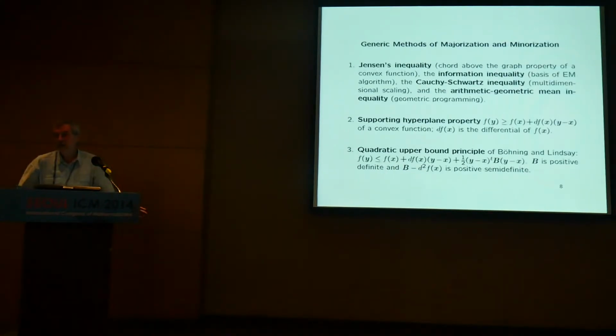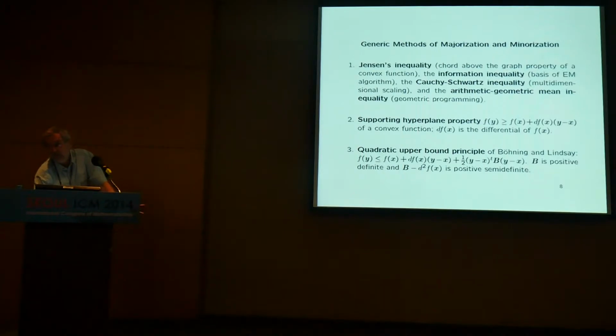How do you majorize or minorize functions? You just use the classical inequalities that we've all learned in undergraduate calculus or analysis. Jensen's inequality implies the information inequality, which is the basis of the EM algorithm. The Cauchy-Schwarz inequality was used by Jan de Leeuw in his early paper on stress majorization, and the arithmetic geometric mean inequality.